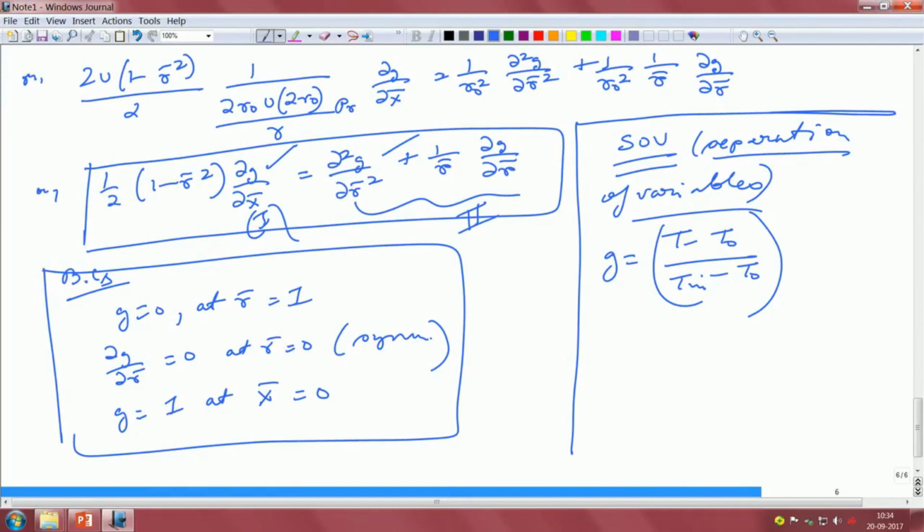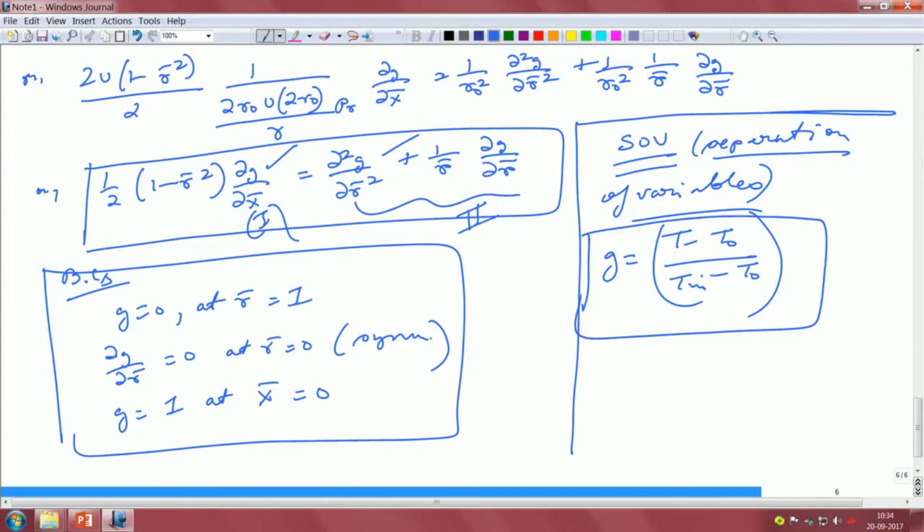It cannot go beyond a certain value, it cannot go beyond T naught, right. So, whatever solution we get out of solving this equation has to be physically meaningful also. That means you cannot have a temperature profile which skyrockets, which increases all the time. Similarly, you cannot have a temperature profile which shows an unphysical nature, even if it is mathematically correct, right.